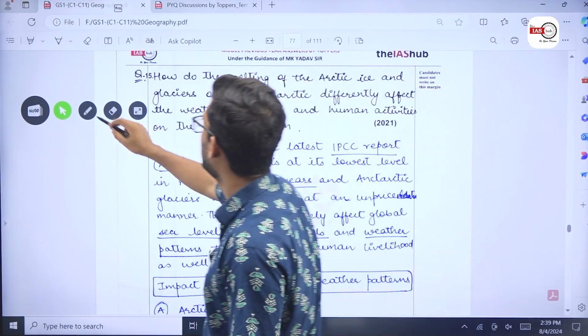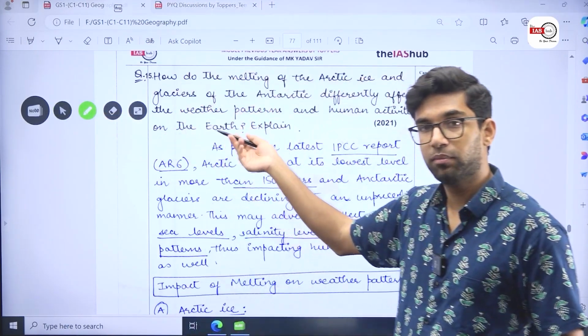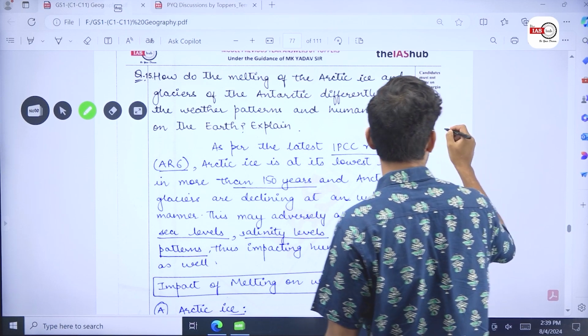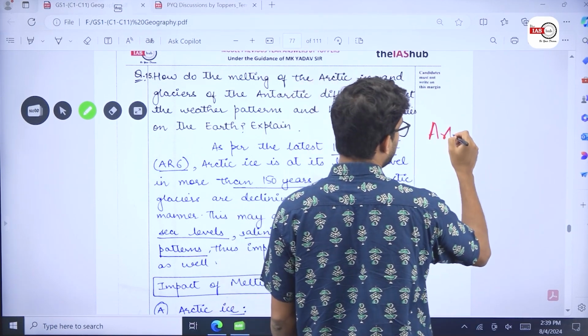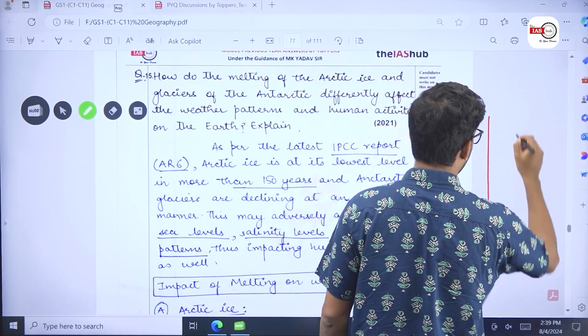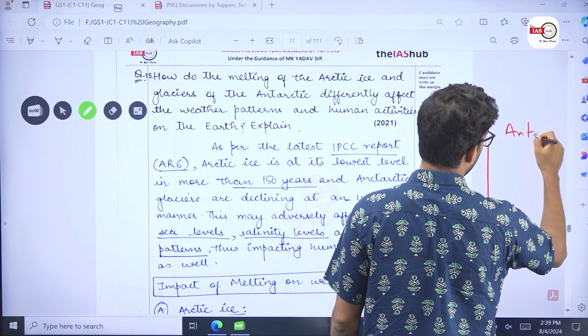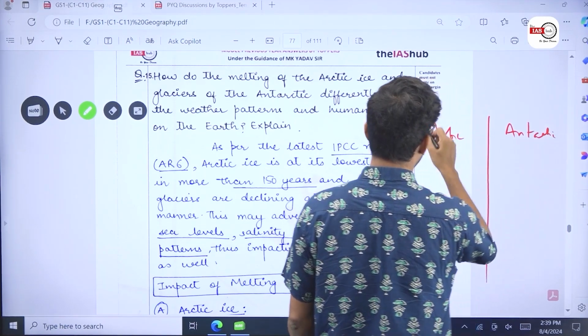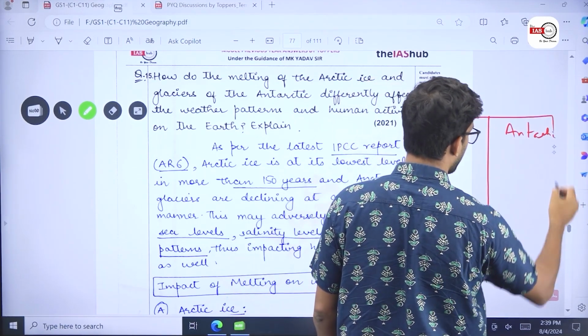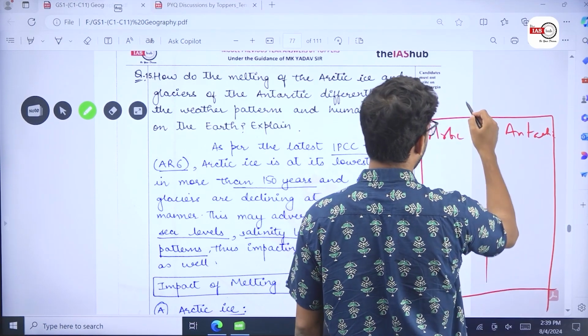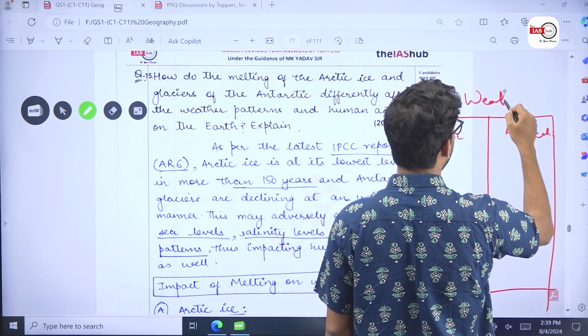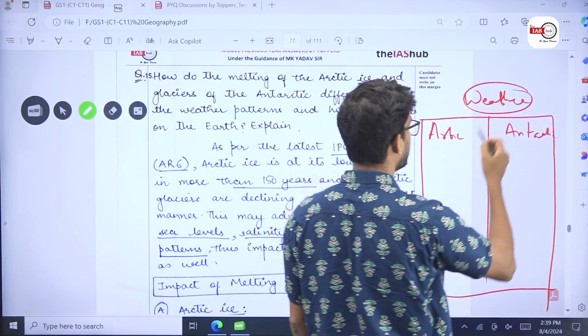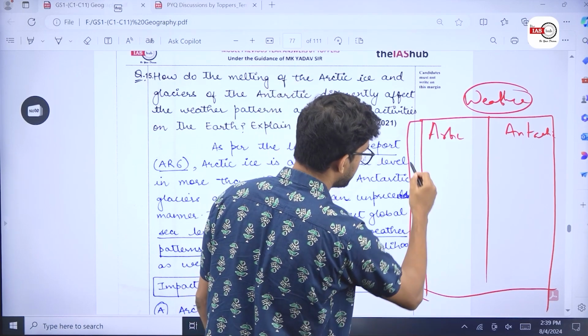Now, ideally, the approach one should follow is like this. How is Arctic ice melting and Antarctic ice melting differently impacting weather and human activities? I would first say weather, how the Arctic and Antarctic are differently impacting weather. Then I would have some criteria.